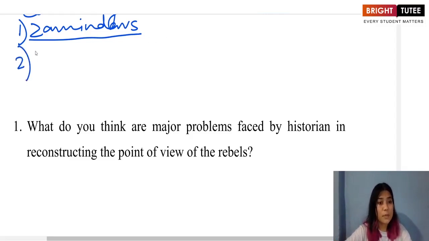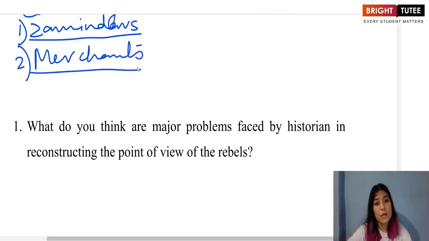Number two, merchants. The British government enjoyed monopoly of trade, so they traded the cash crops such as indigo, such as cotton, etc. And because they enjoyed the monopoly, this impacted the trading activities of the Indian native merchants and traders.